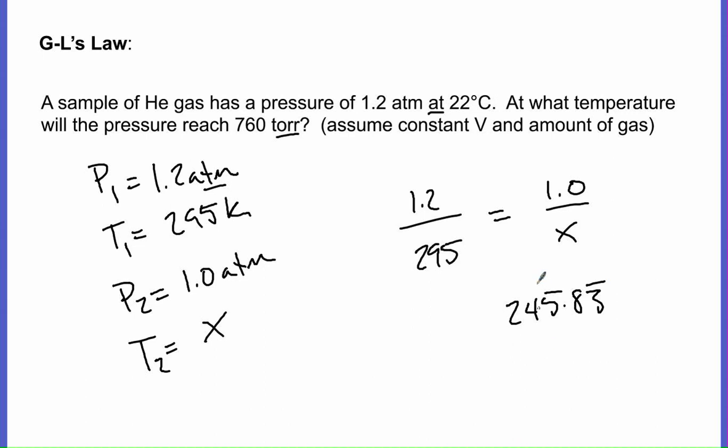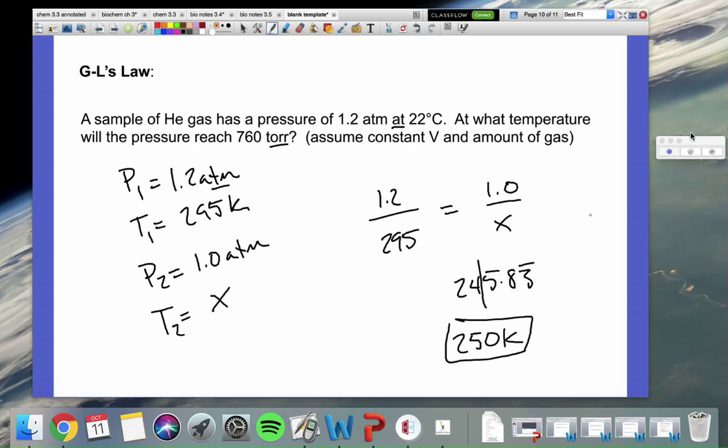But I need only 2 sig figs in this answer, so it's going to be 250 Kelvin. So again, recognize what's going on. It's nice to know that it's going to get smaller to begin with, because then you know that your answer is reasonable, right? So that's how you do Gay-Lussac's law. Next up is combined gas law.